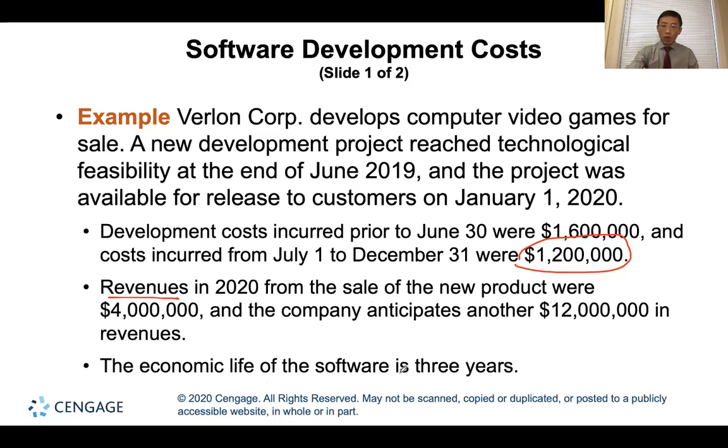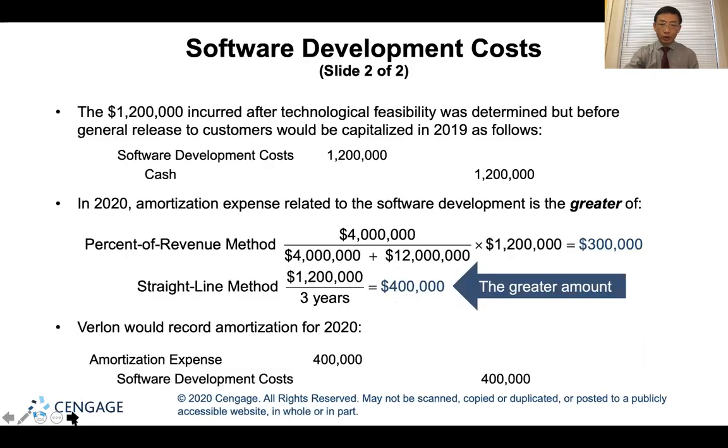So in this case, we need to journalize the capitalization of the $1,200,000, and also amortize the value in the following years. Okay, let's see the solution.